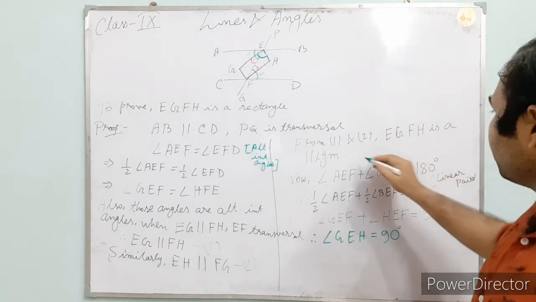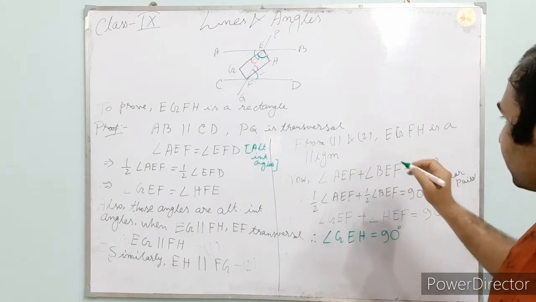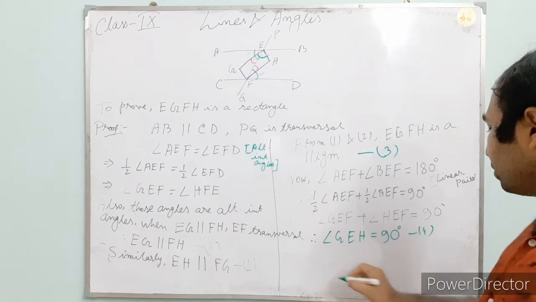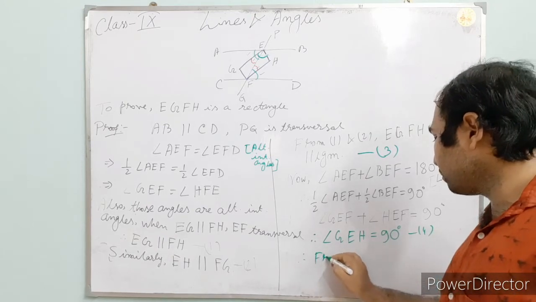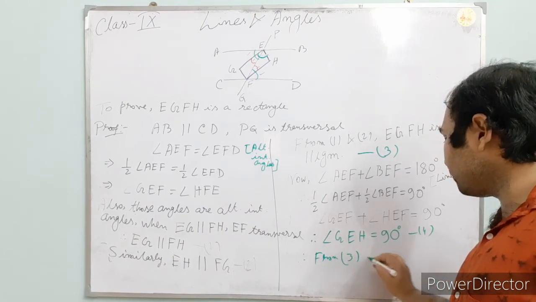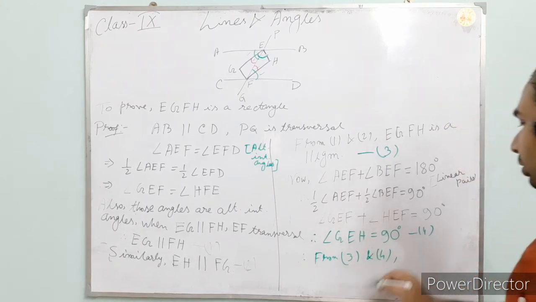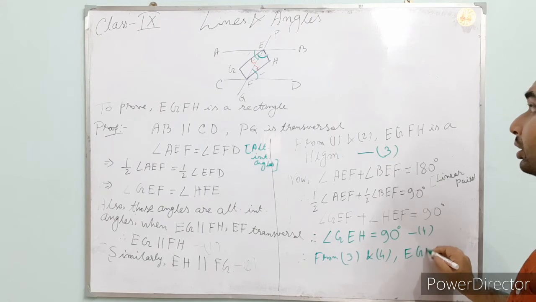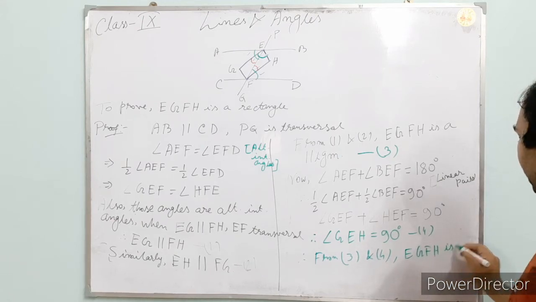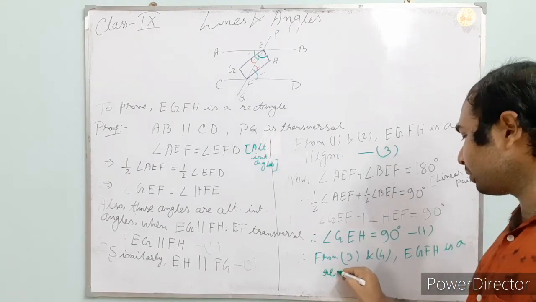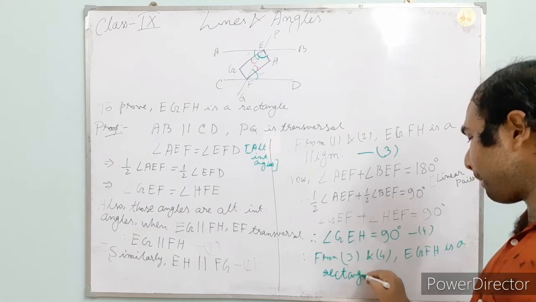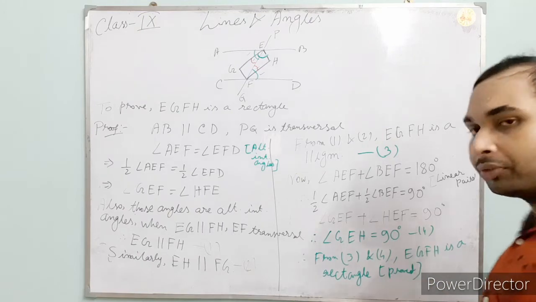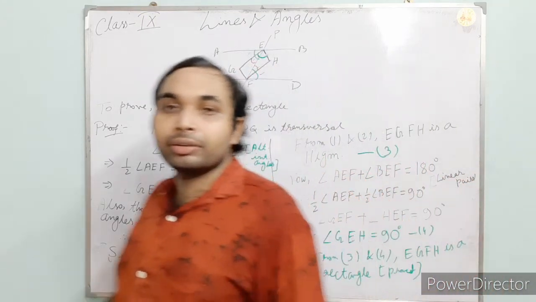So if it is conclusion 3 and it is conclusion 4, so from 3 and 4 we are getting that EGFH is the rectangle. That has been proved. What we want to prove, that has been proved here.